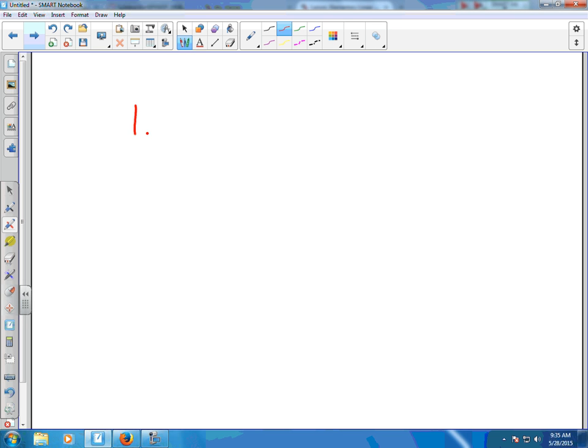If you have any rows that are all zeros, then you'll put those at the bottom. So if we add 2 rows together and they cancel and give us just all zeros, then we would put that at the bottom.